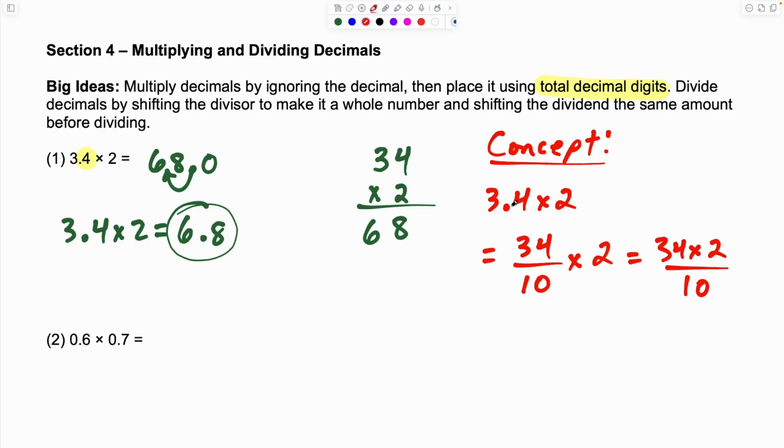That gives us 68 over 10. When we do 68 divided by 10, we're just moving the decimal in 68.0 one space to the left. And that's why we're getting 6.8.